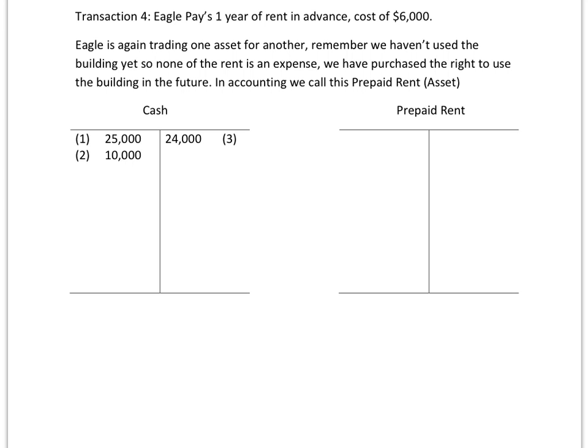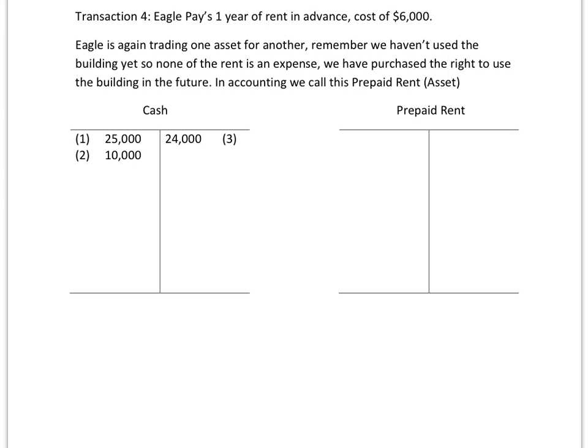And all that's going to change is your entry in Chapter 3. What is your adjusting entry? But right now, we're just going to say we haven't used it. So we're going to create an asset called prepaid rent, because we have the right to use this for a full year. We've already paid for it.